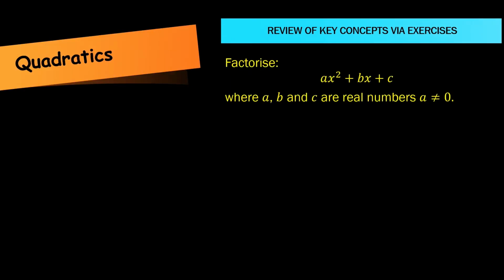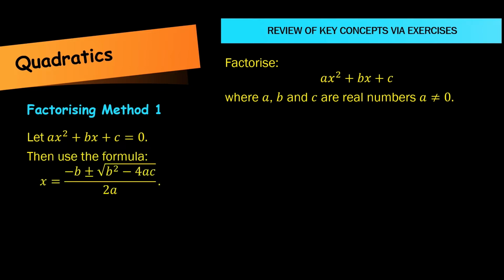In review exercise 1, we are required to factorize quadratics, which are of the form ax squared plus bx plus c, and a, b and c are real numbers and a does not equal 0. Let's take a look at one factorizing method. So suppose ax squared plus bx plus c equals 0.